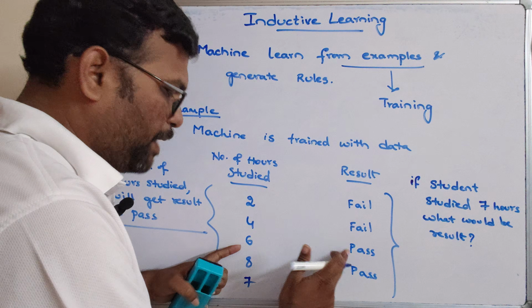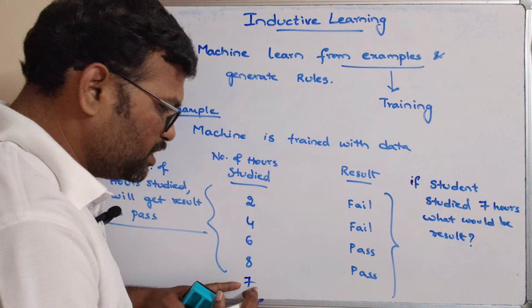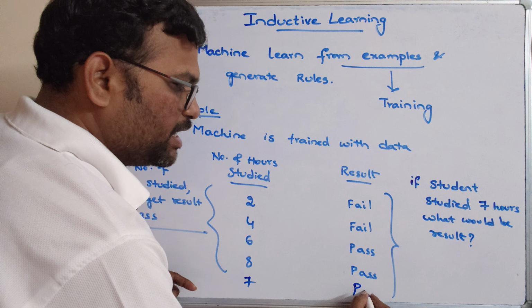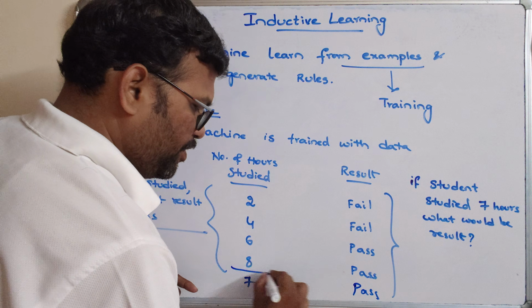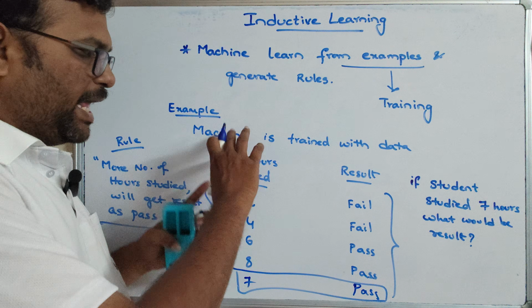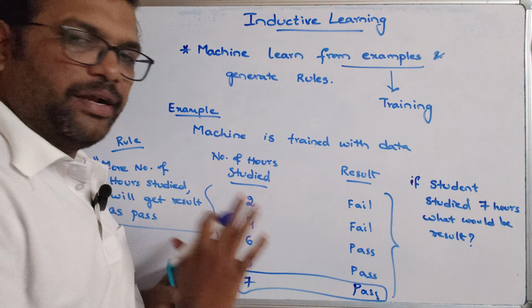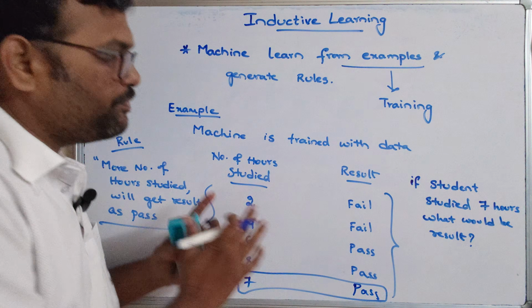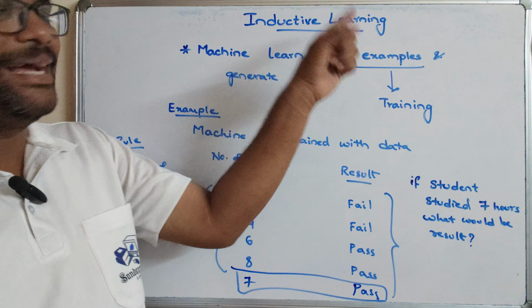For 6 it is a pass, for 8 it is a pass, so obviously for 7 it will predict the result as pass. This is the prediction done by the machine after analyzing the pattern from this data. This kind of approach is called inductive learning.